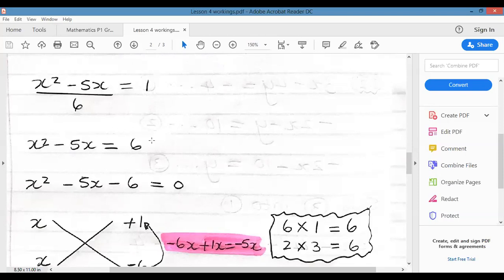So you have killed your fraction now. Does it make sense? Therefore, with x squared minus 5x, you must transpose 6 to the other side, and when you transpose 6 to the other side, it will be negative 6 is equal to 0. I hope it makes sense so far. Okay, cool.